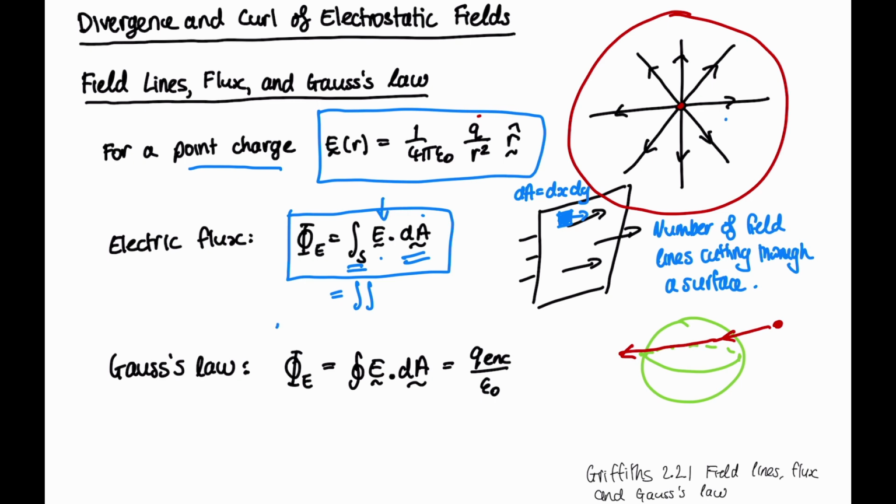So what Gauss's law tells us is that the electric flux through a closed surface, so this integral here with the circle around it shows that this is a closed surface here, is equal to the charge enclosed within the surface divided by epsilon naught. So what we're going to do now is show that this works for a sphere around a point charge.